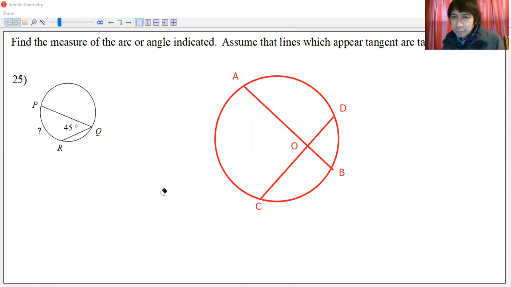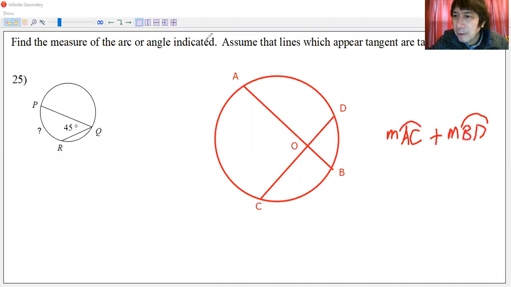All right, the arc AC. This is our arc AC. So arc AC plus arc BD, divide this by 2, gives the angle AOC.